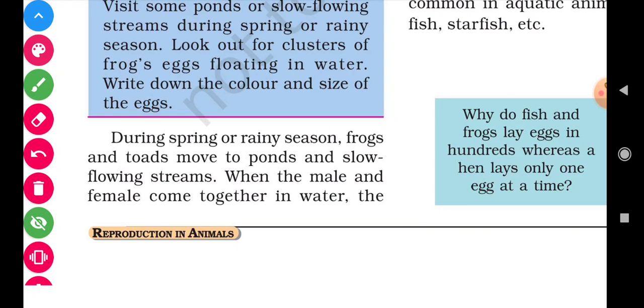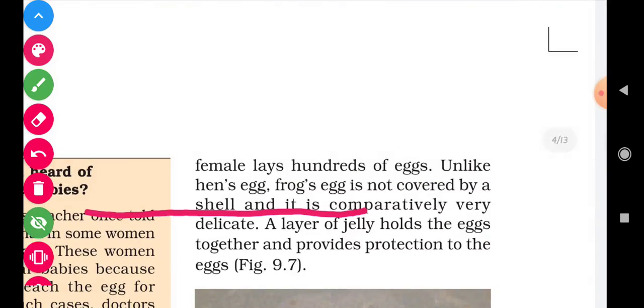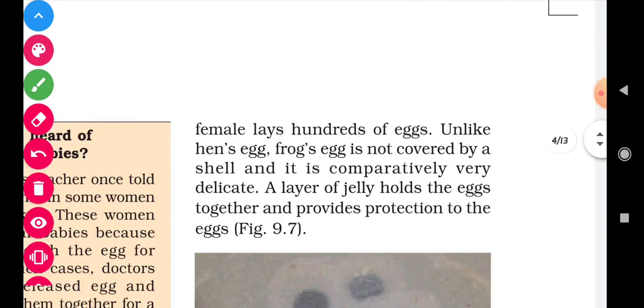When the male and female come together in the water, the female lays hundreds of eggs. Unlike hen's eggs, a frog's egg is not covered by a shell and it is comparatively very delicate. A layer of jelly holds the eggs together and provides protection to the eggs.